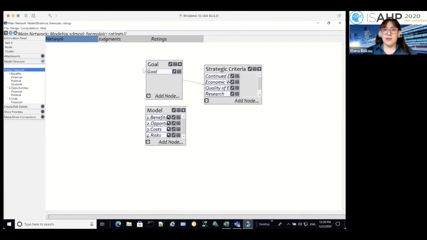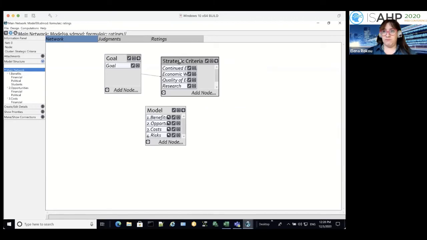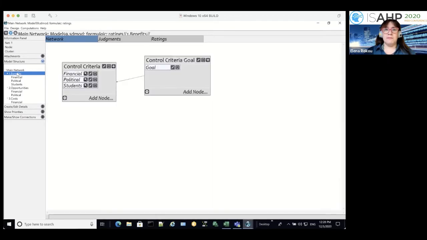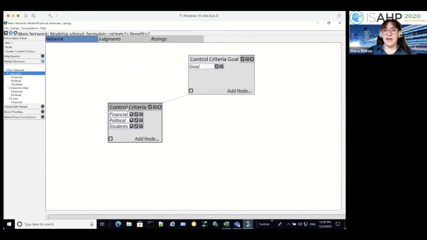Now, my main network contains the goal and the strategic criteria. Just that. No connections whatsoever with the benefits, opportunities, costs, and risks. Sounds weird, but that's how it works. Now, for each of my merits, so for benefits, I'll find a control criteria goal, and inside my 3 control criteria.